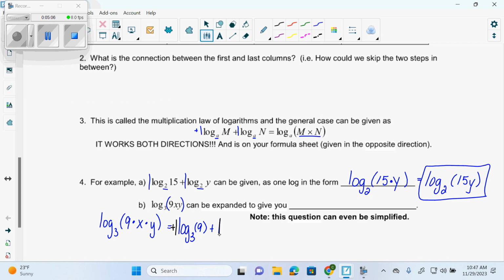Plus 1 log base 3 of x plus 1 log base 3 of y. Now, do I need to write those plus 1s in front, or is that for effect right now? It's for effect. It's so that you see that there has to be a plus 1 in front. Now we can keep going. Why?